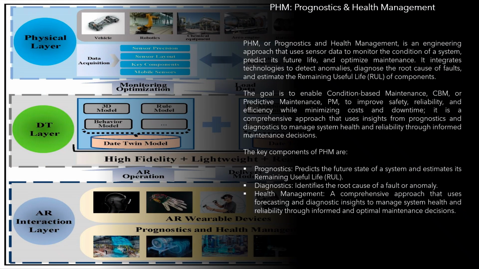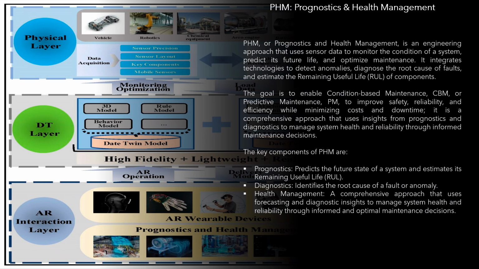PHM, Prognostics and Health Management. PHM, or Prognostics and Health Management, is an engineering approach that uses sensor data to monitor the condition of a system, predict its future life, and optimize maintenance. It integrates technologies to detect anomalies, diagnose the root cause of faults, and estimate the remaining useful life of components.